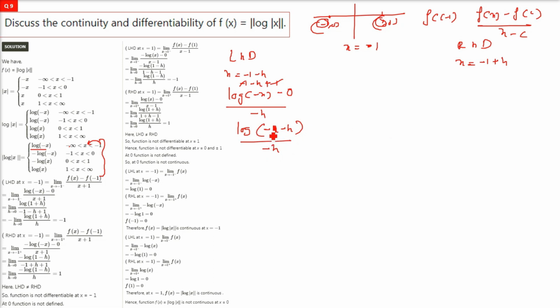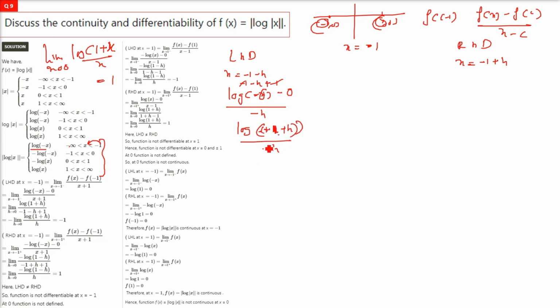And the same thing we are going to do on the right hand derivative also. But we know this theorem: limit x tends to 0 of log 1 plus x divided by x is going to be 1. This is a rule. Since you have a negative here, let me just change the sign. So this will be simply 1 plus h in the numerator: log 1 plus h divided by negative h.